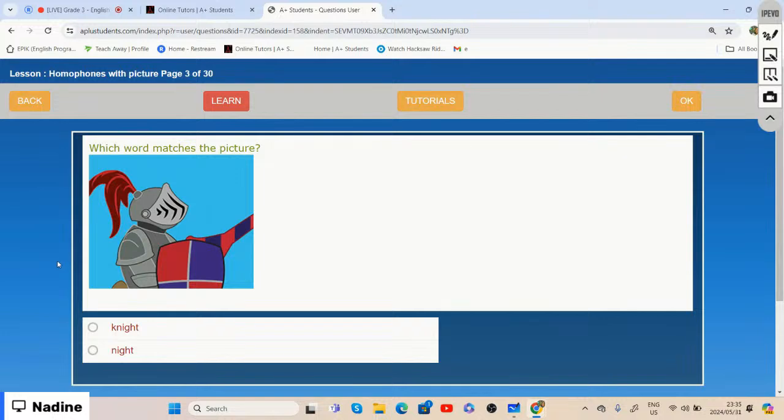Which word matches the picture? Knight, which starts with a K, or night, option two.